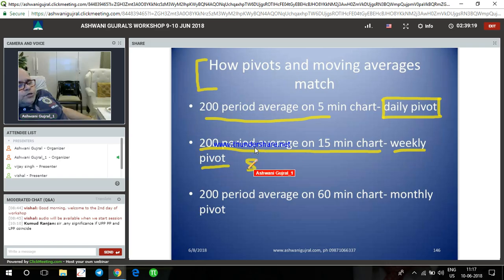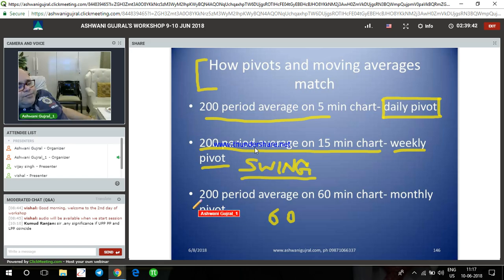So this is used for swing trading. If you are a bigger time frame player, just use a different time frame. Swing trading is a 3 to 5 day type trading. Use 15-minute chart. Positional trading, 60-minute chart.